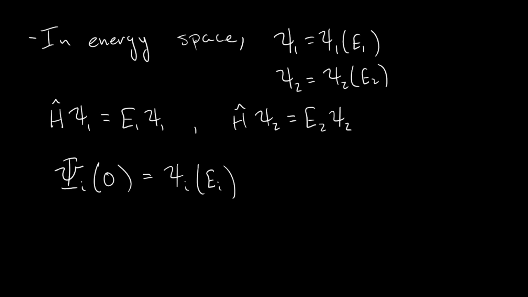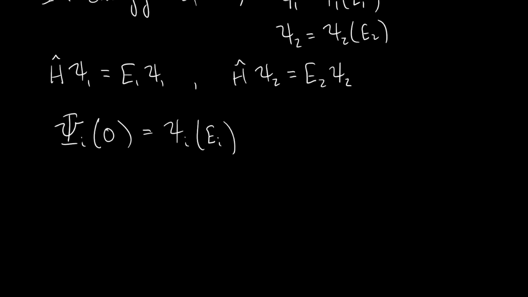So one way to see this is, this is a solution to the Schrodinger equation. So for example, I can just apply my time evolution operator to find this at time t.